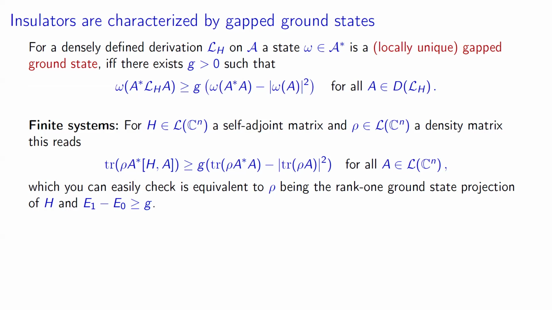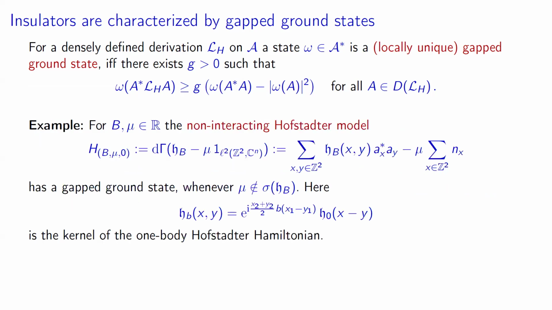This condition really captures the idea that you have a unique gapped ground state with gap G. And this condition actually does not guarantee uniqueness in general. Uniqueness of ground states in these infinite volume systems is an extremely hard problem, but it guarantees local uniqueness, and I will explain next time what that means, not today.